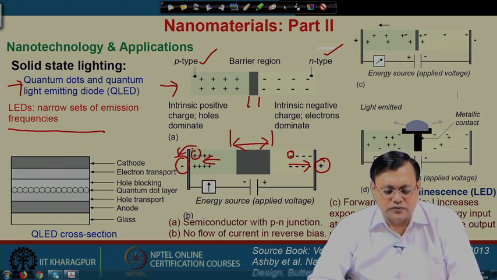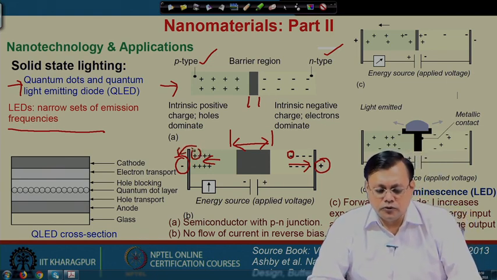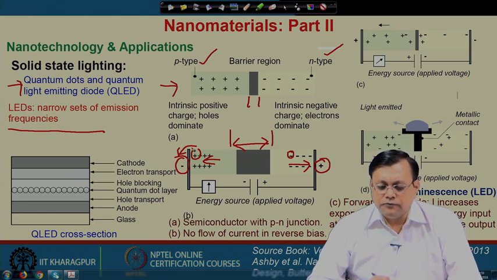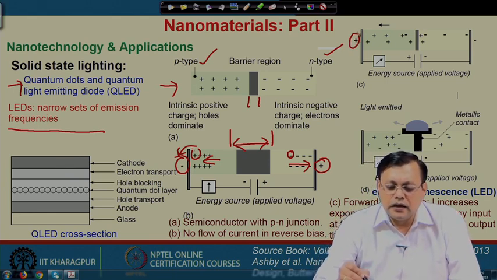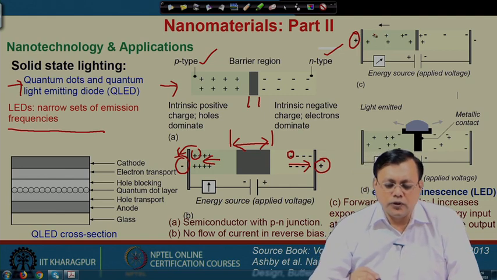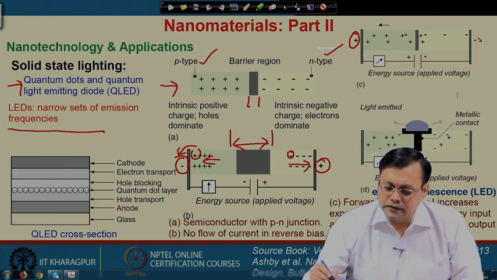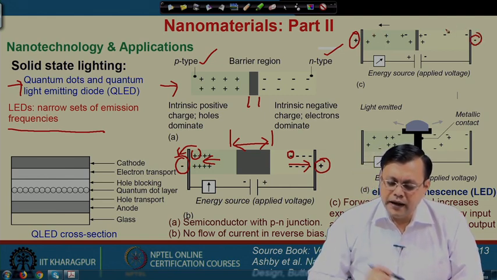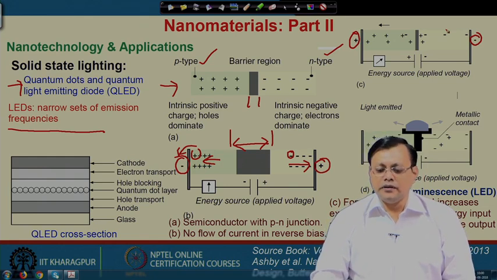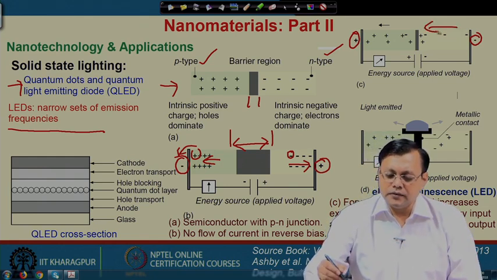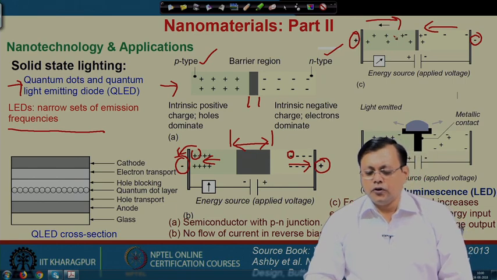This is a very standard phenomenon that everybody knows. But if we apply a forward bias, the positive side goes to the p type and the negative side goes to the n type, then what will happen? They will repel each other, and so the barrier width will decrease.